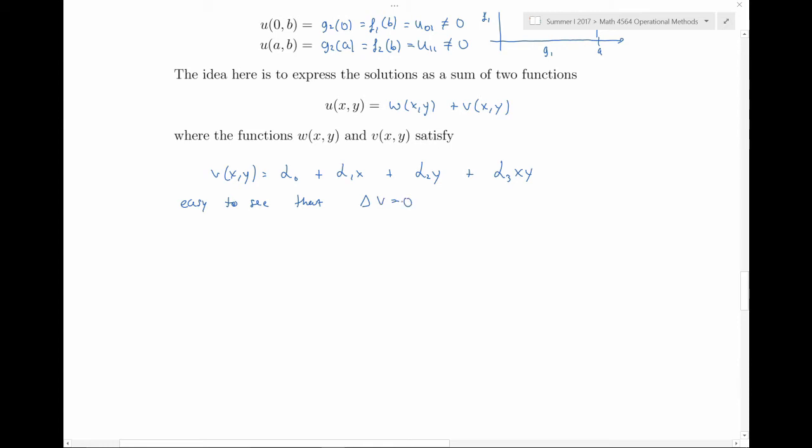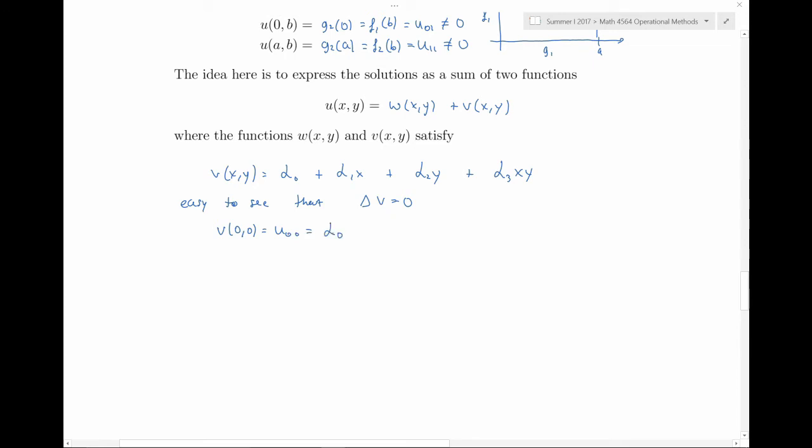Because if I take the partial derivative with respect to x twice, I'm going to get 0. If I take the partial derivative with respect to y twice, I again will get 0. So what are the values of alpha naught, alpha 1, alpha 2, and alpha 3? Well, v of 0, 0 must be exactly u00, and that's alpha naught.